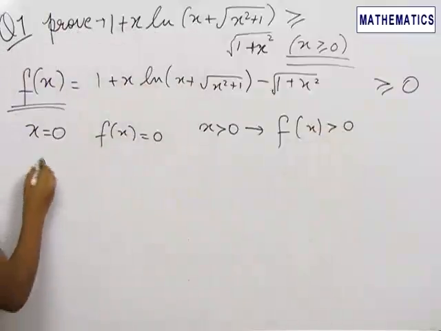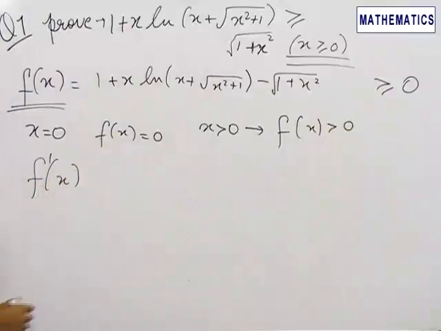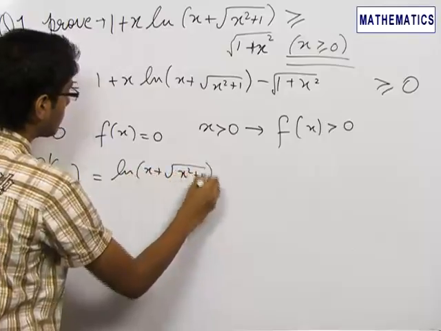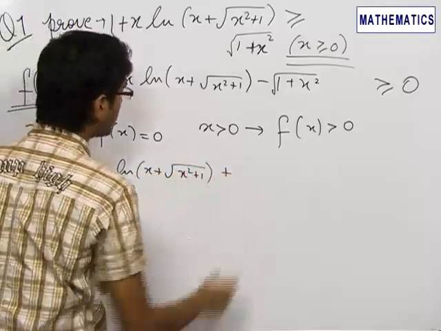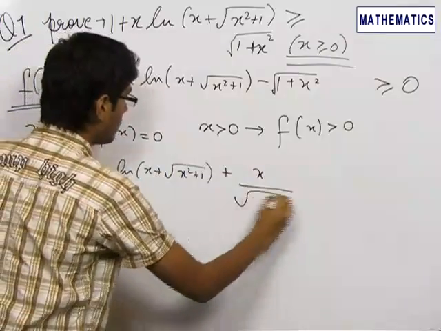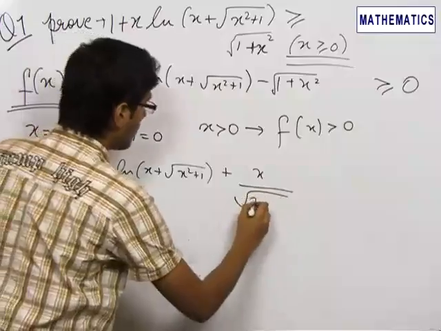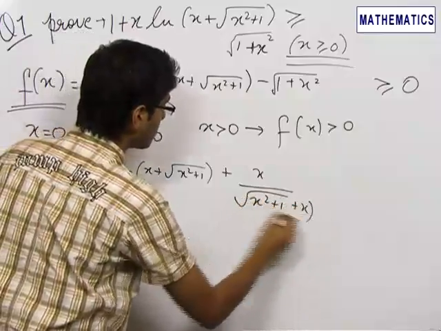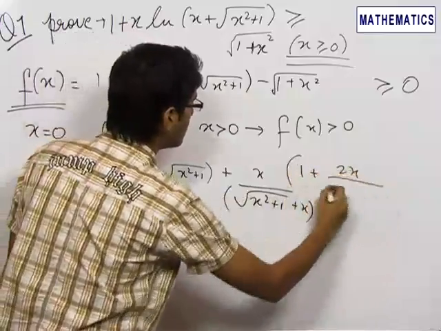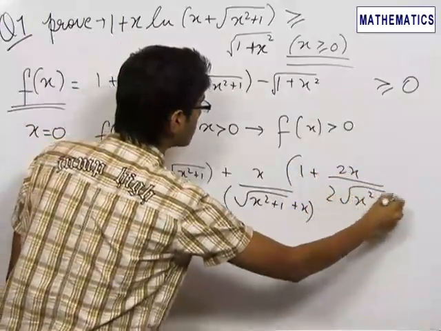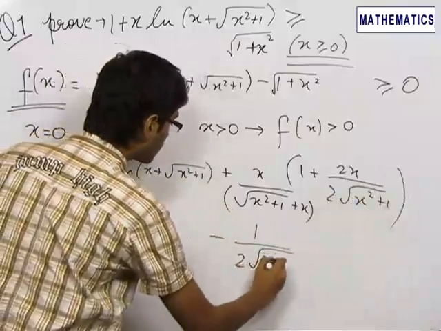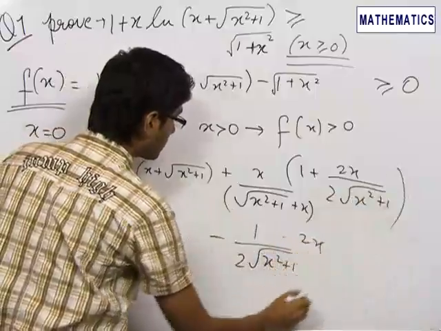Now we have f(x), so we find out f'(x), which is equal to ln(x + √(x² + 1)) plus (1 + x)/(x + √(x² + 1)) into (1 + 2x/(2√(x² + 1))) minus 1/(2√(x² + 1)) into 2x.